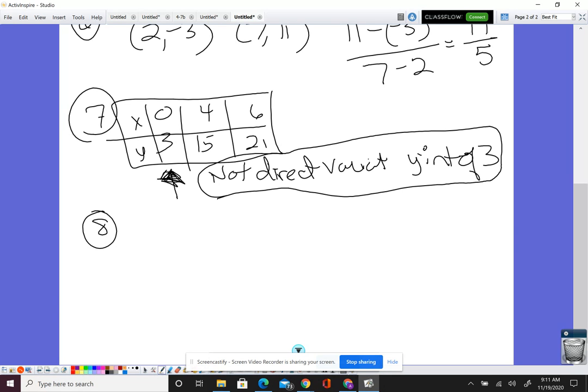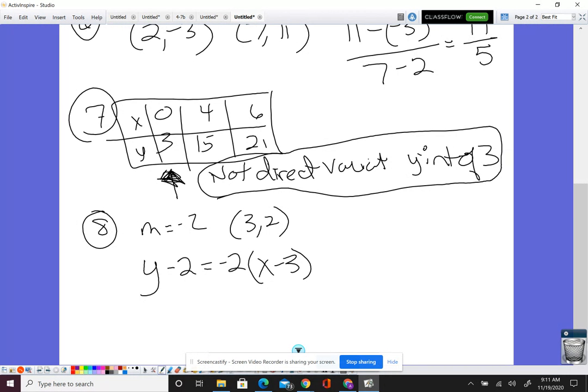Number 8, write a standard form that describes the line with a slope of -2 and contains the point 3, 2. So we put it in point slope form first. Y minus 2 equals -2 times x minus 3. Whatever you're given, that's the equation that you use to start out with. Then you move it to the form that they want, standard form.